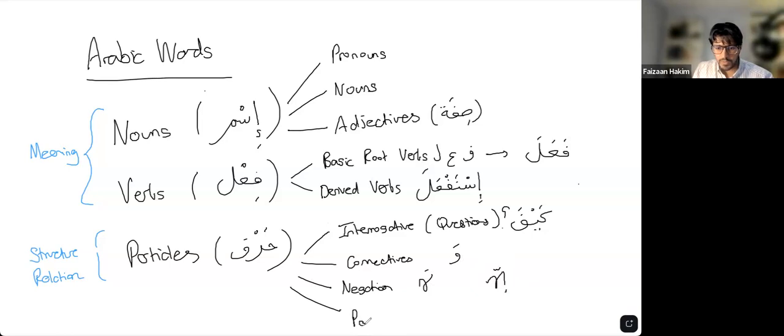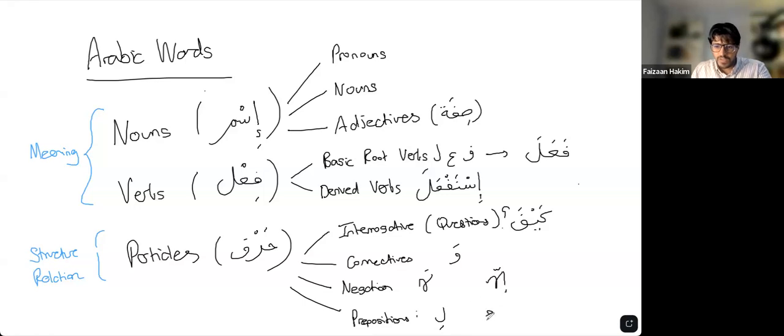And last but not least, we have, I want to say, prepositions. These are words which form relations, spatial relationships, or temporal relationships. For example, li, alhamdu li, to, for Allah.